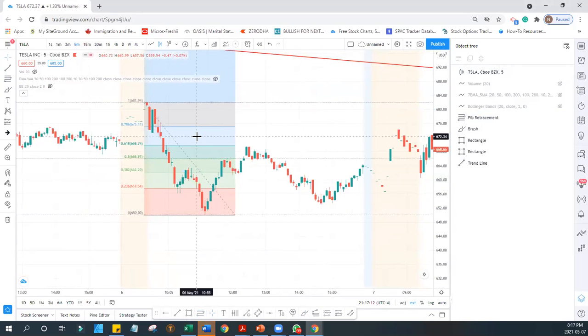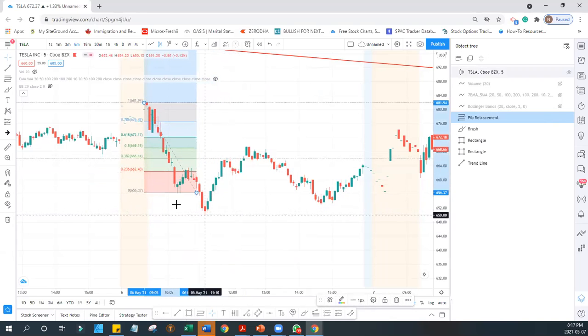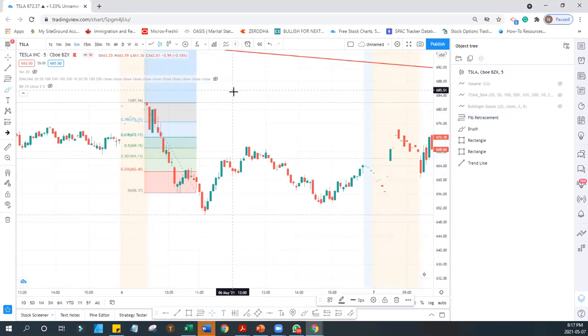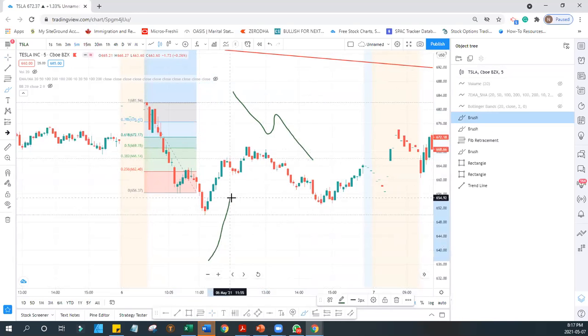This Fibonacci will help you determine whether the trend is going up or down. When the trend is going down, usually the price falls, takes a little break, which is called retracement, and then falls again. If it's going up, it will come down and then go up again.